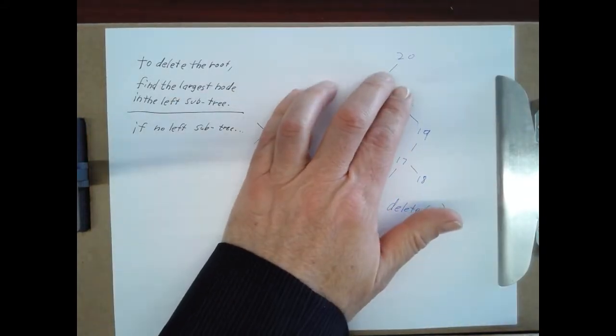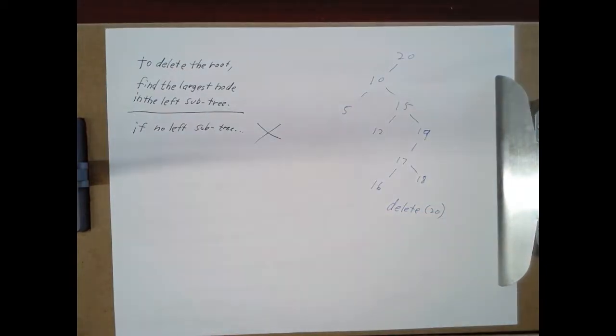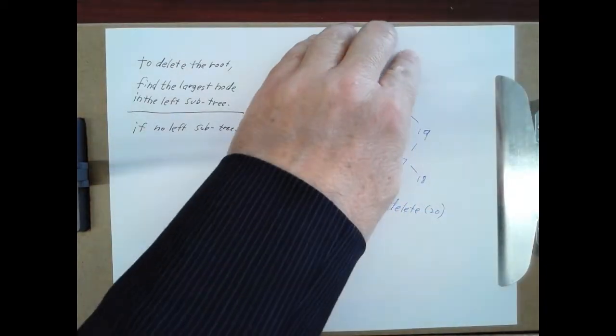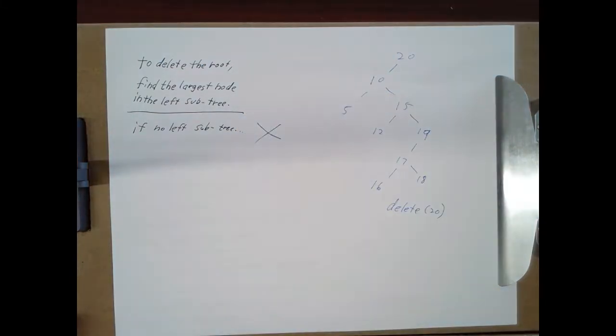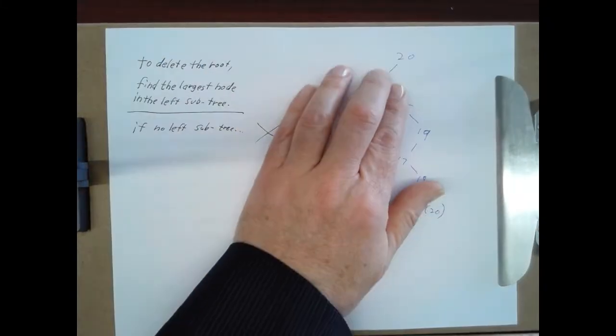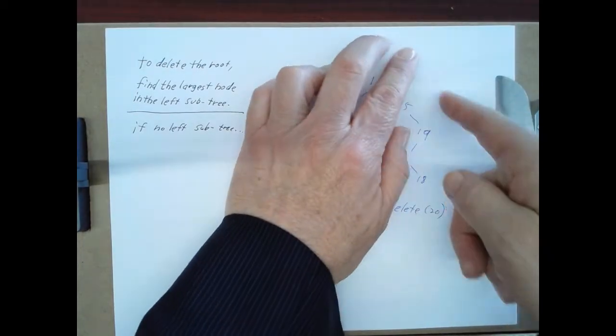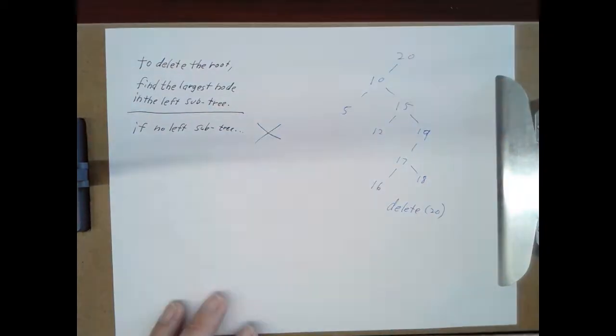If there isn't, then deleting the root is a totally different operation. You basically remove the root and you take the right child of the root and that becomes the new root. So if there's nothing to the left and you want to delete the root, you just call the root whatever the right child is. But we're going to assume there is something on the left other than null.